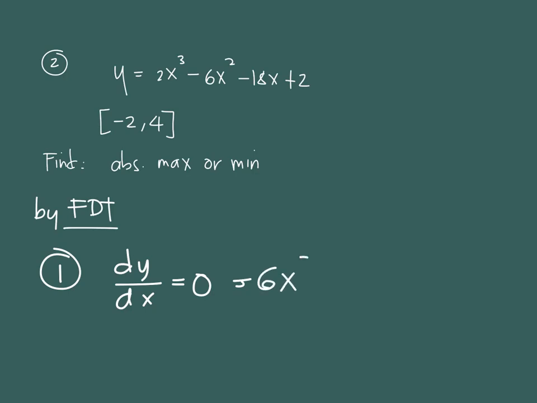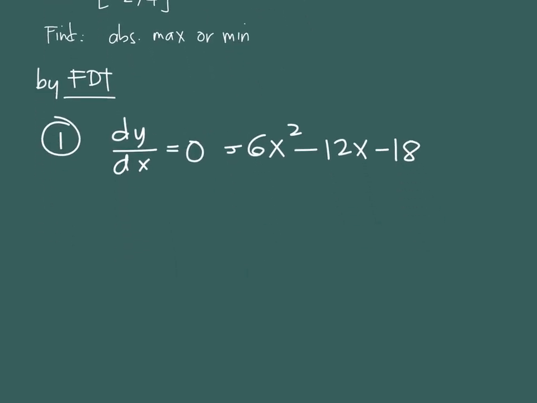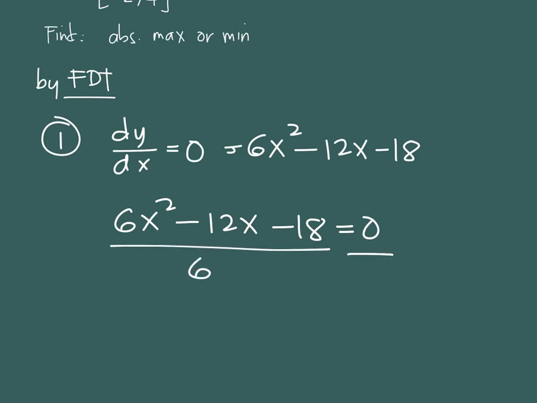6x squared minus 12x minus 18. Okay, and we have to solve 16 minus 6x squared minus 12x minus 18 equal to 0. Before we factor, we can see that all numbers are divisible by 6.